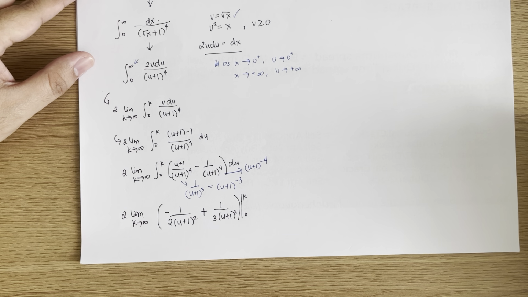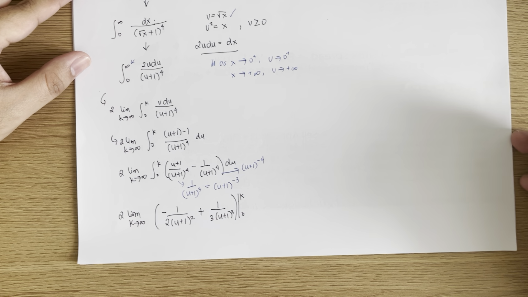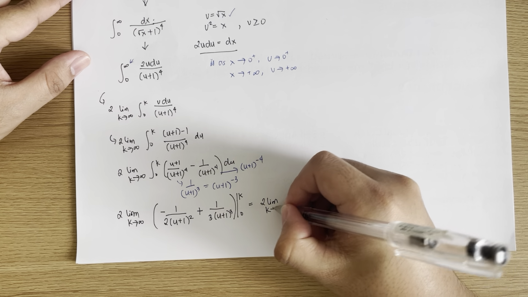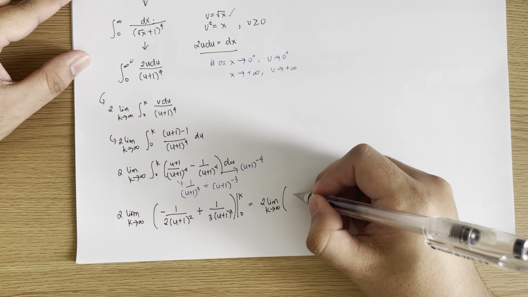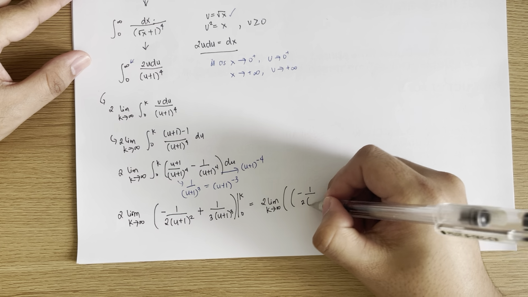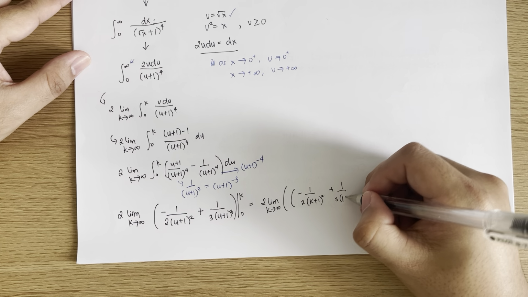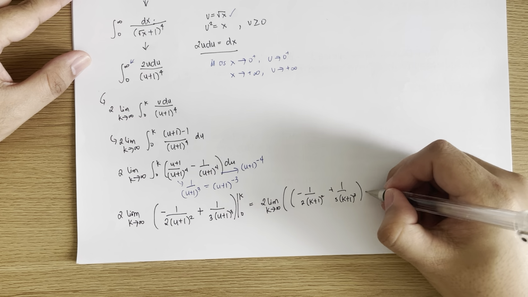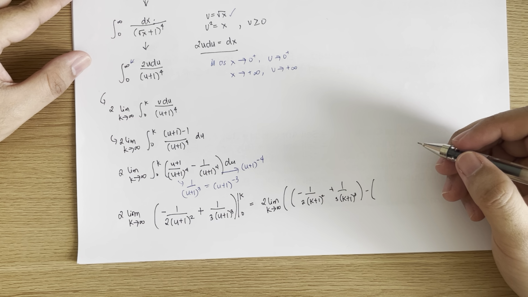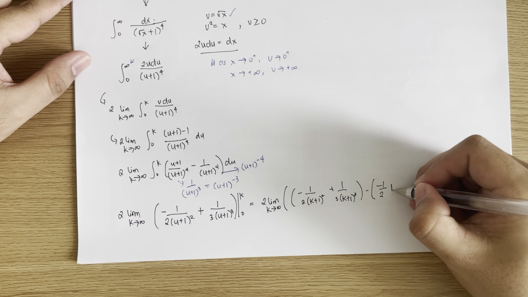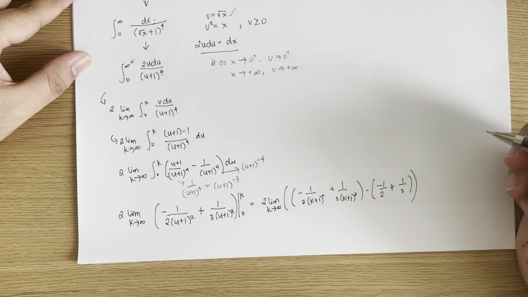Okay? So I'll just rewrite this and substitute k and 0. So we get here negative 1 over 2 times (k plus 1) squared plus 1 over 3 times (k plus 1) cubed, minus, when u equals 0, negative 1/2 plus 1/3.